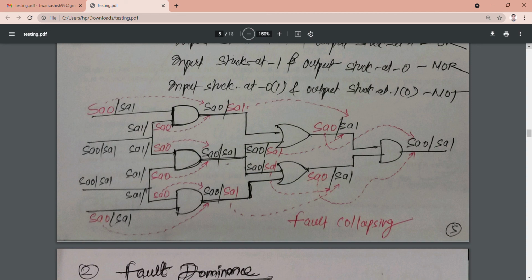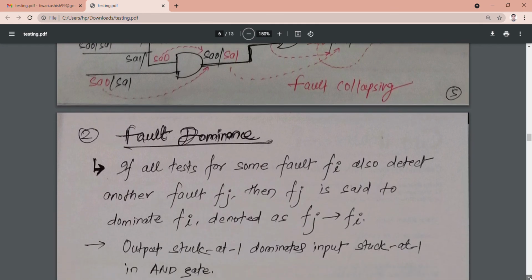So if you are designing the AND gate, then all the stuck-at-0 faults are equivalent because it is sensitive to 0. And if you are designing the fault model for the OR gate, then all stuck-at-1 faults are equivalent because the OR gate is sensitive to 1. It's a simple fundamental to understand. Apply this logic, think over it, and then you can easily understand.